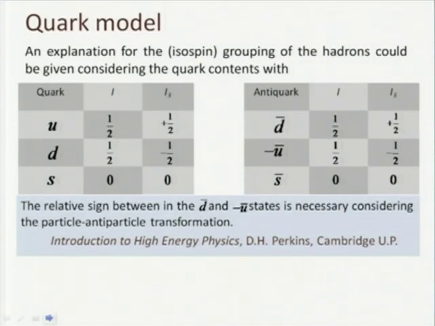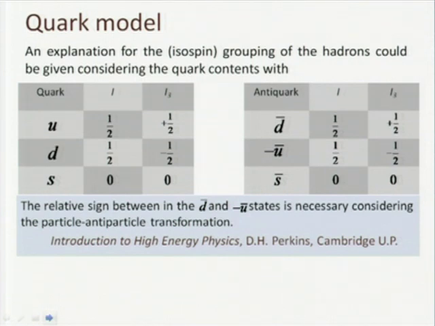On the other hand, in the case of quarks, u had I_3 equal to half and d had I_3 equal to minus half. This can be done if you understand how to go from one to the other. The other way of saying it is that, for a consistent quantum mechanical picture, if you consider the wave functions of the u and d quark and transform them to anti-quark wave functions, then u goes to minus u bar and d goes to d bar.